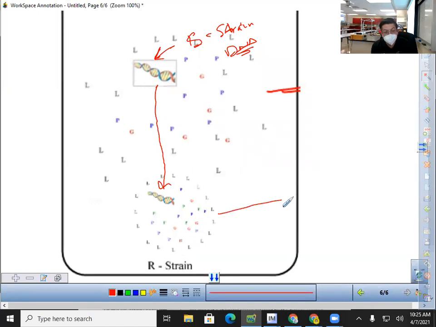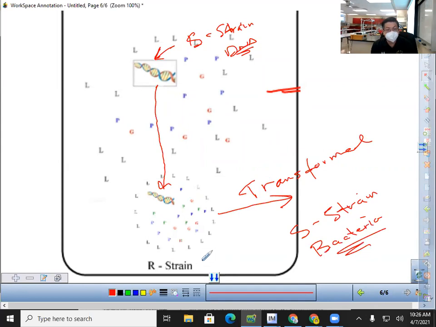And what ended up happening is now this harmless bacteria somehow got transformed into S strain bacteria. And that's why this mixture killed the mice, because somehow this DNA got into the harmless bacteria, and that DNA from the S strain transformed this guy into a harmful bacteria.